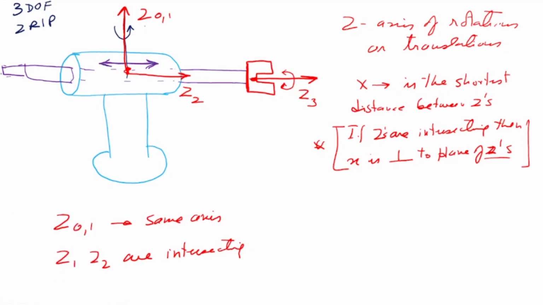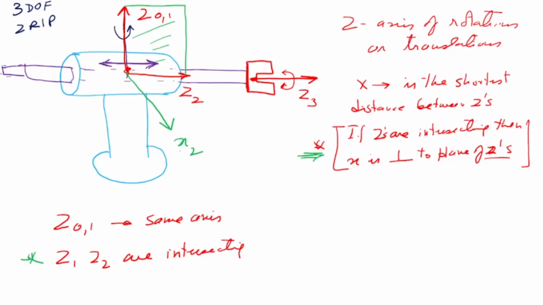So I'm going to mark x0, x1 and x2. Now we know that Z2 and Z1 are intersecting, and hence x2 has to be perpendicular to the plane containing the z's. What is the plane of z's? Z2 is this side, Z1 is that side, so this is the plane of z's. So x2 is perpendicular to the plane containing the z's. This is the condition here.